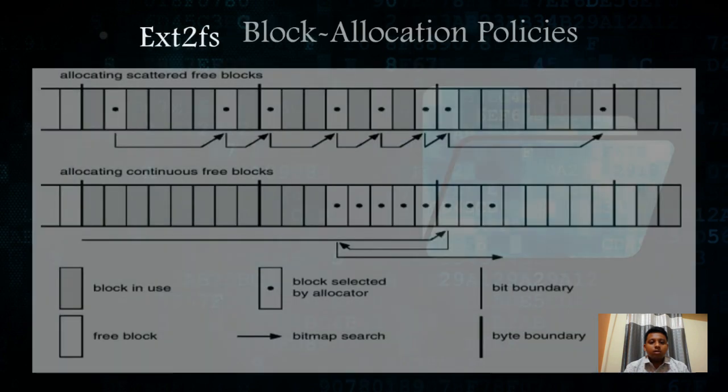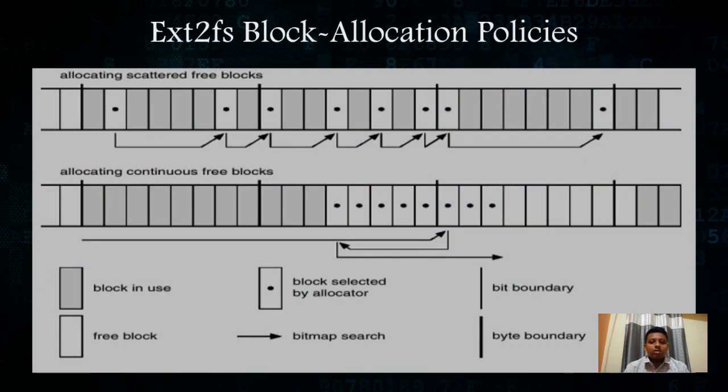Now let us look into the diagram of ext2fs block allocation policies. In the first one, you can see allocating scattered free blocks, which means the space is free and is allocated freely. Next is allocating continuous free blocks, where some blocks are free and other blocks are filled.